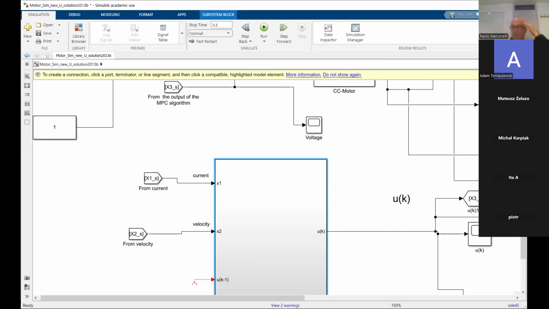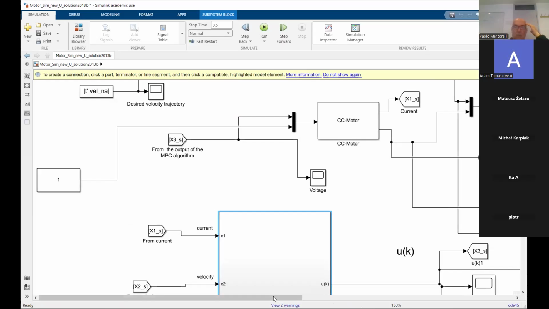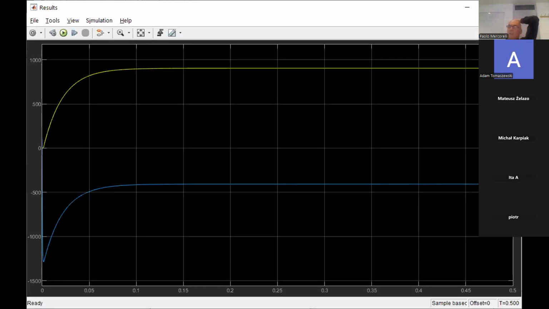Again, let me show you a disturbance, a torque of 1 joule. You can see that the system is not able to compensate the disturbance.